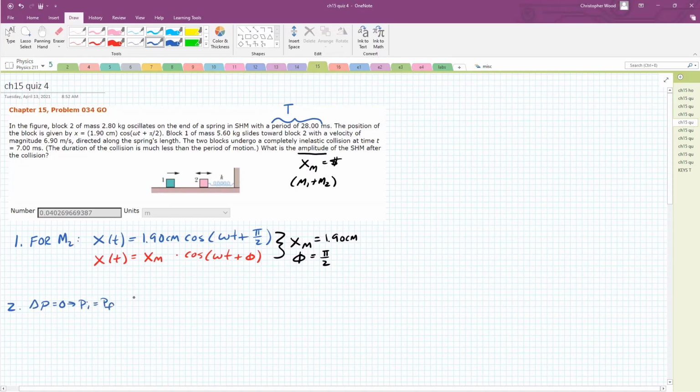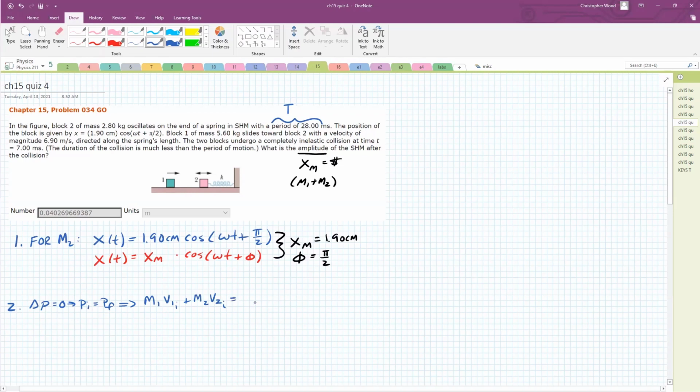Is this a stationary target? My initial momentum is mass 1 times velocity 1 initial, plus mass 2 times velocity 2 initial.